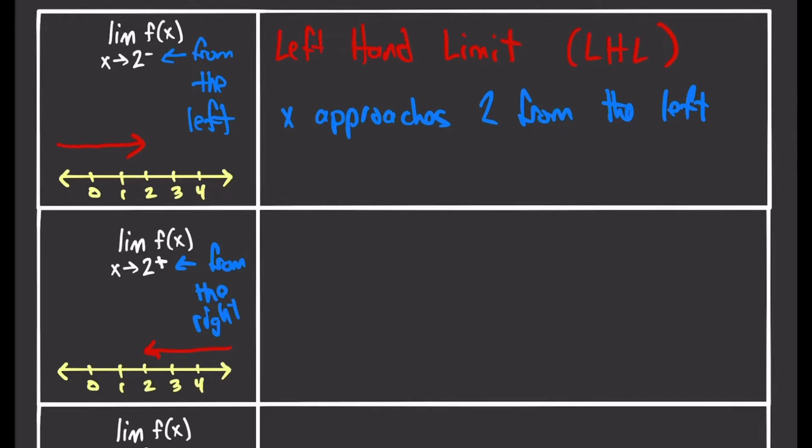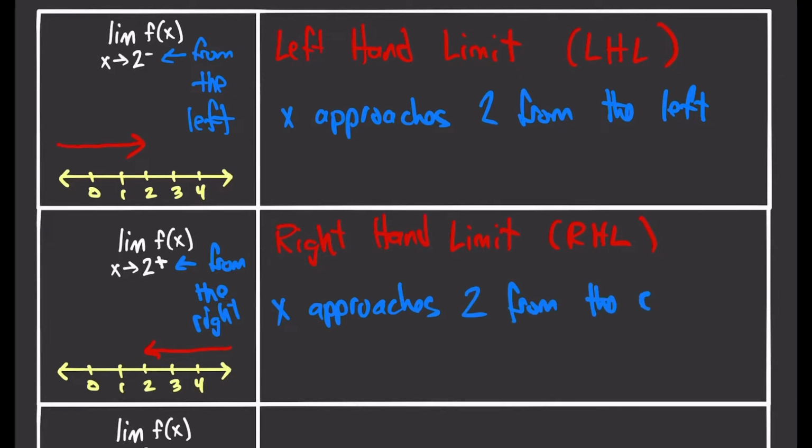We're going to look at what we're pointing at. So you can probably figure it out. This is called a right hand limit. I'll abbreviate RHL. And the way we say that is x approaches 2 from the right.